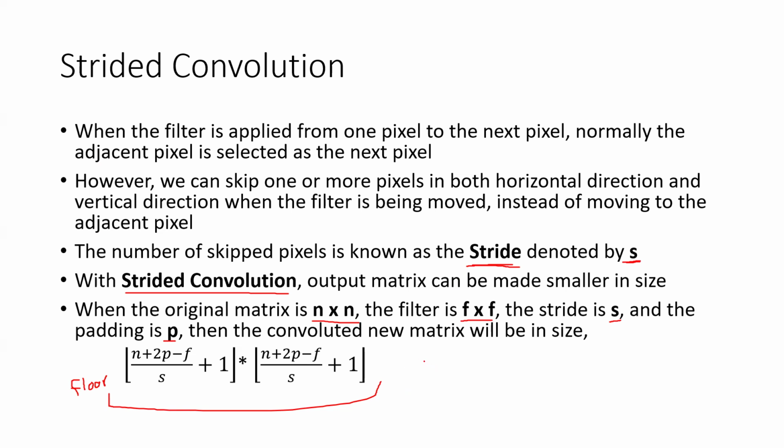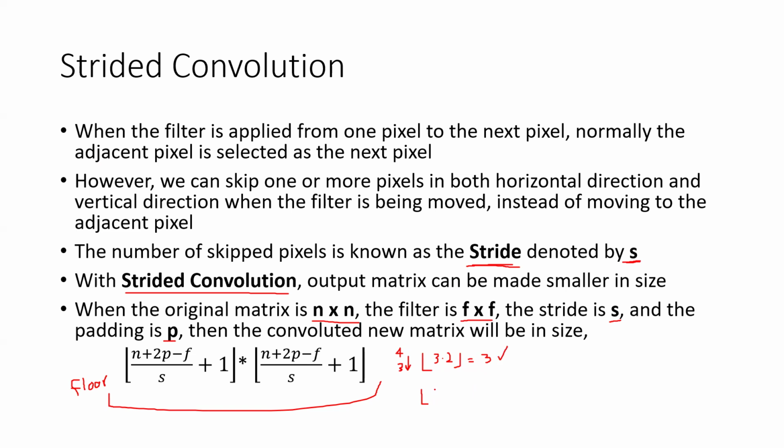For example, the floor of 3.2 is 3, right? Actually, we are not rounding to the closest integer, but to the lowest integer. So 3.2 is between 3 and 4, and the floor means we are rounding to 3, right? So that is why we got 3.